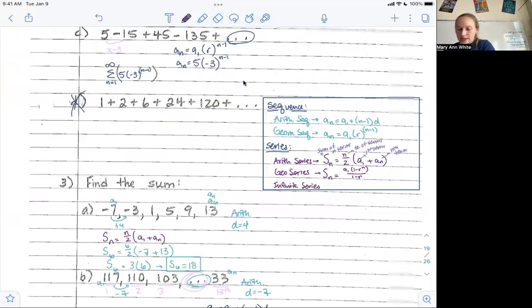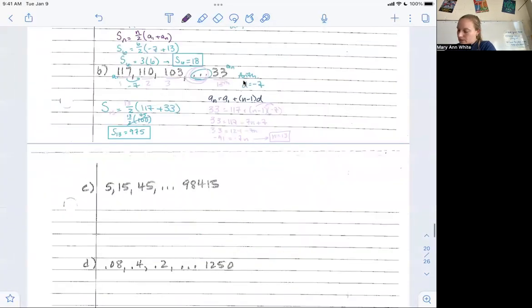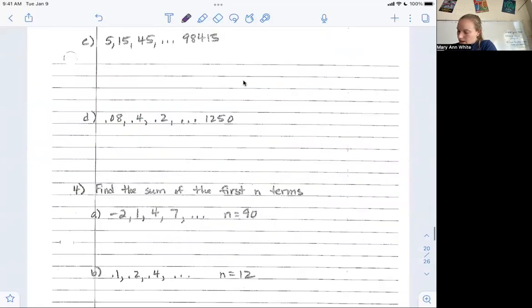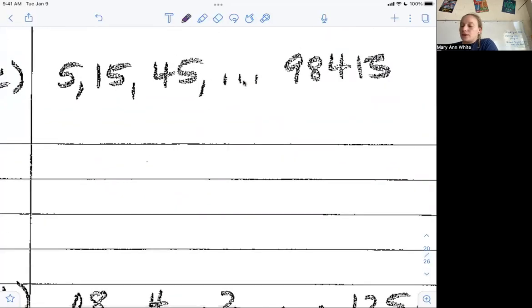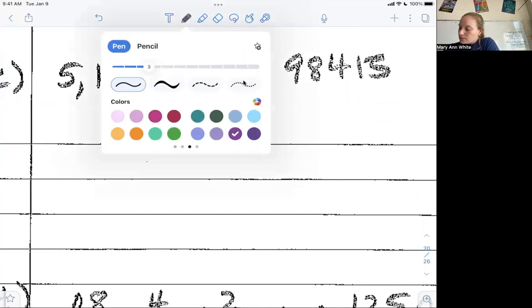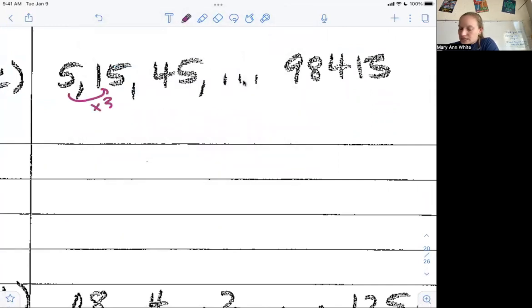I'm only going to do one of these geometric ones right now. Okay, right here. This one we know is geometric because we're multiplying by 3 in order to get to the next term. So that's my r. We've got geometric, we know r equals 3, and we know our a sub n equals this number.